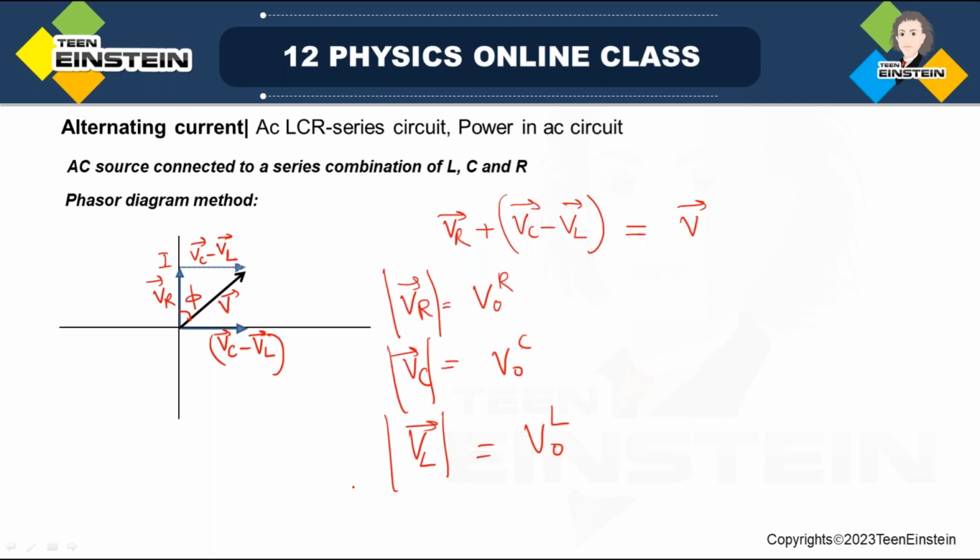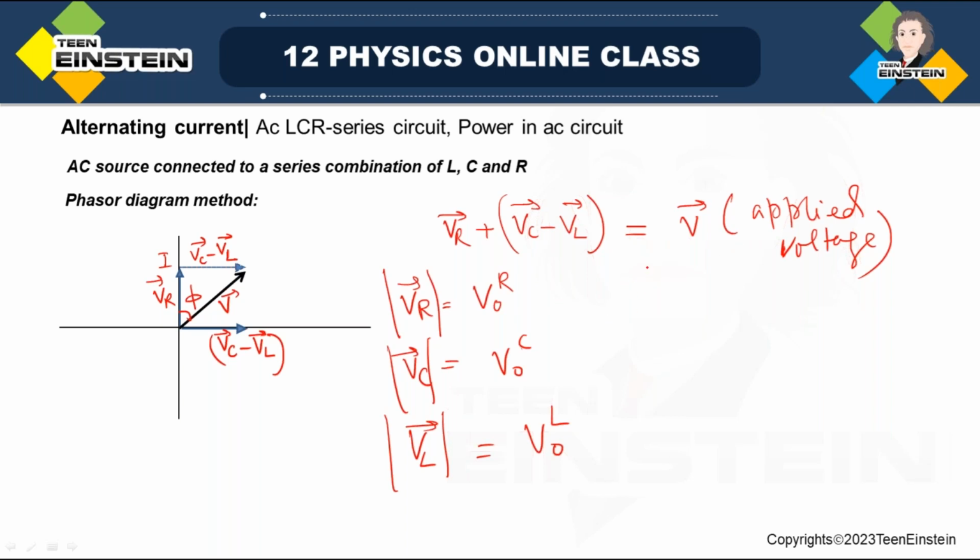So the sum of these must be equal to the applied EMF, or applied voltage. Okay, this must be equal to the applied voltage, right?